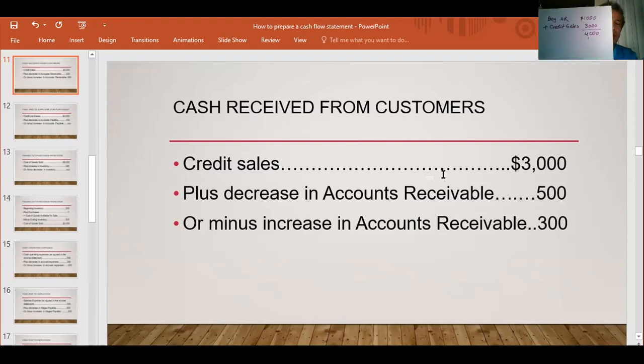Try to see if you can see it. Of the total due, your ending or closing balance of accounts receivable is, say, only $200. So you have collected how much?